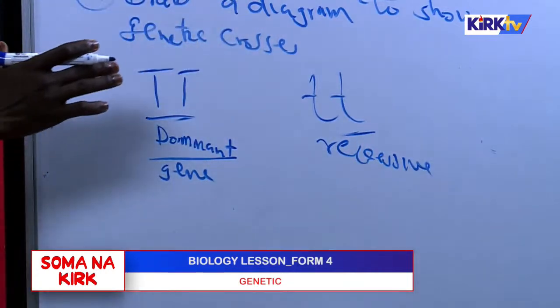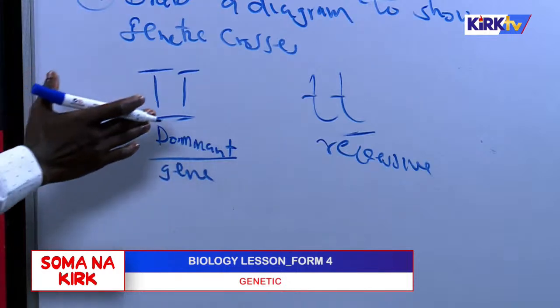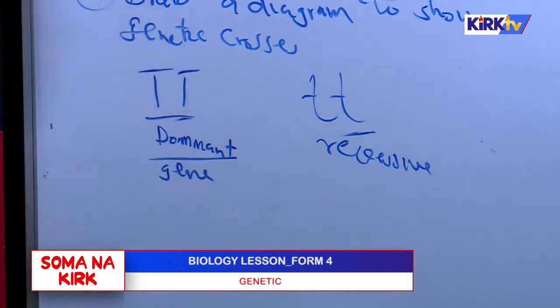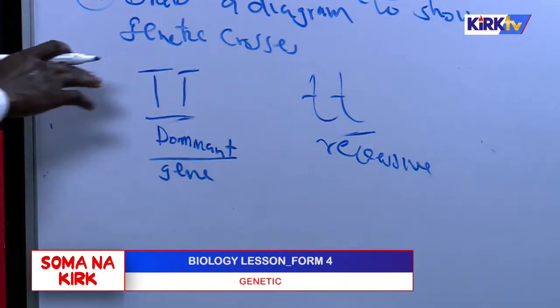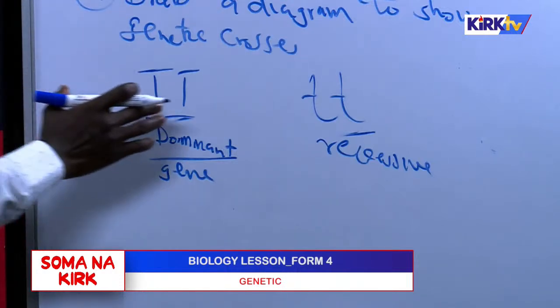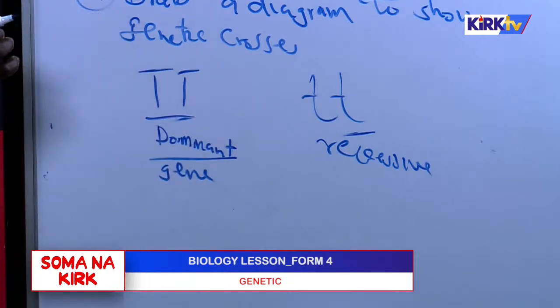So, when they occur, for this case, we have a pure dominant gene, where we have capital T and capital T. For this case, we say the gene here is called homozygous tall.